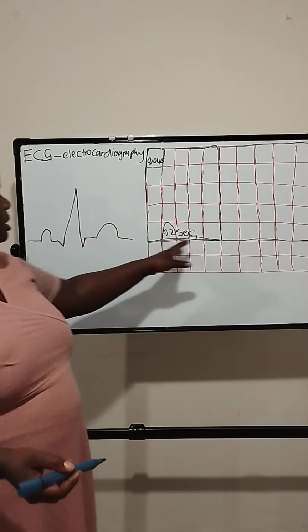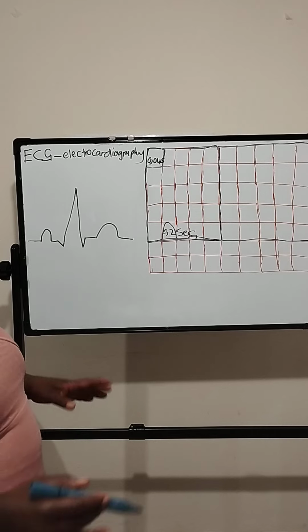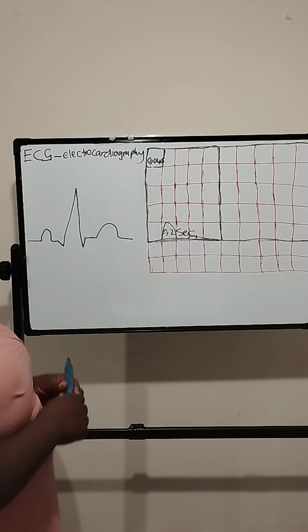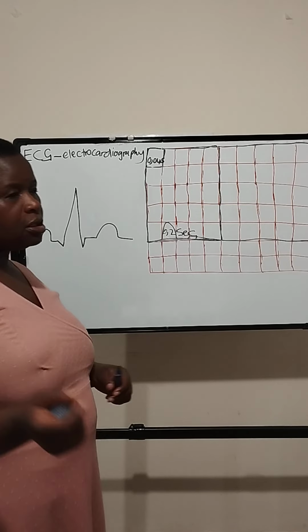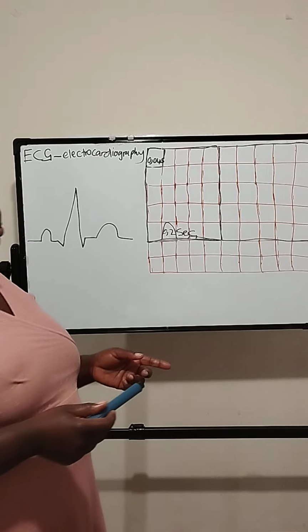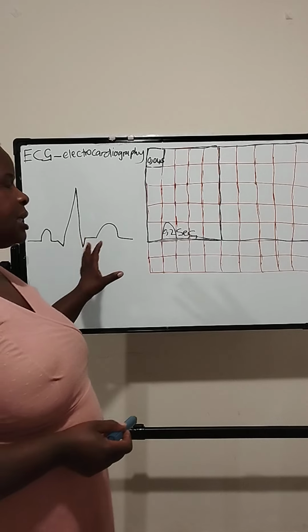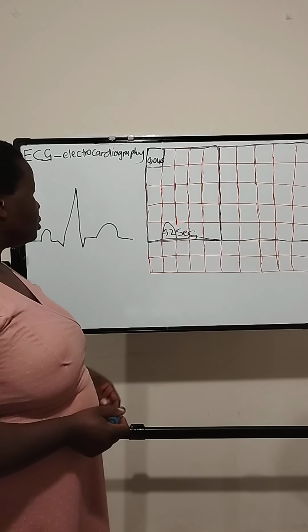And 5 boxes becomes 0.2 seconds. And our paper runs at 25 millimeters per second, or it is calibrated as 10 millimeters per 1 millivolt.